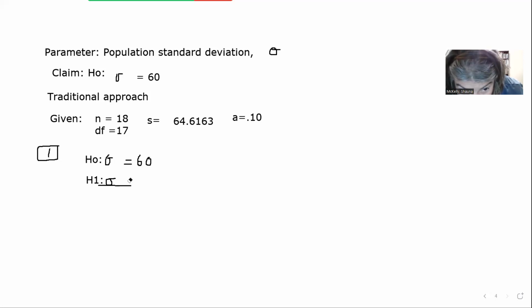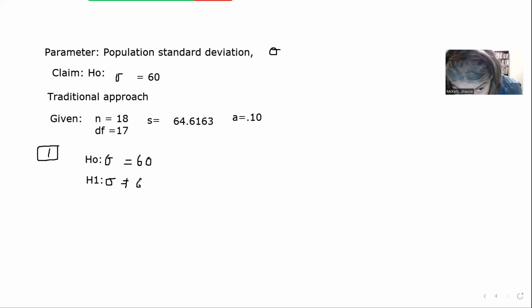All right, now let's see if I can erase that. All right, so here we have sigma is not 60. So we're going to draw with the line tool. And I'm doing that. So sigma is not 60.